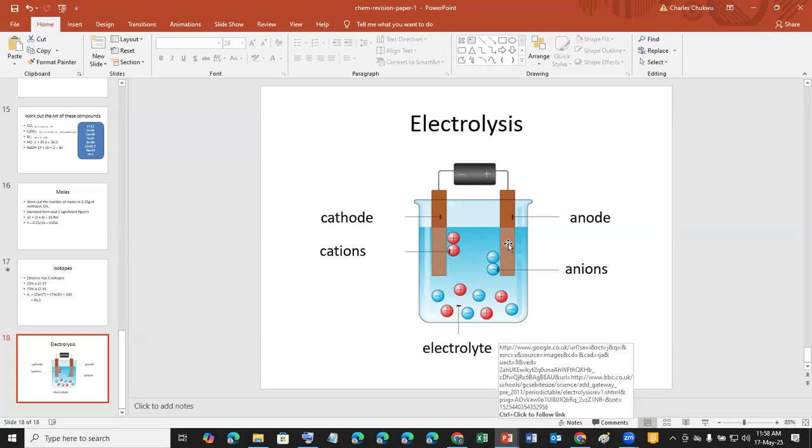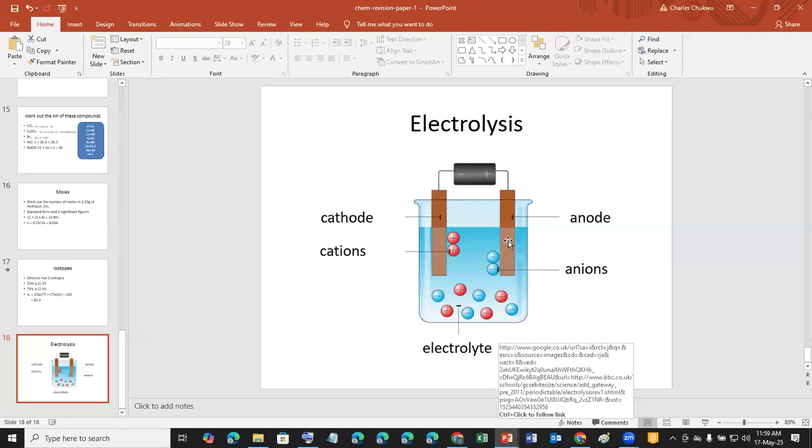And those are the ones that will now flow through the wire to the negatively charged electrode. And when they give off those electrons, the chloride ions become chlorine atoms. When two come together with a covalent bond, they form chlorine gas.